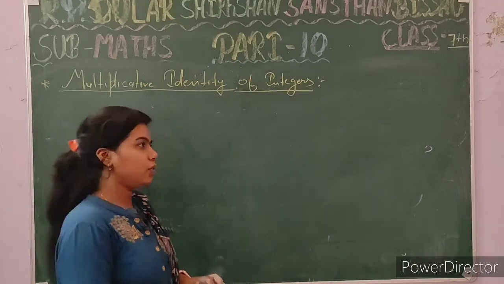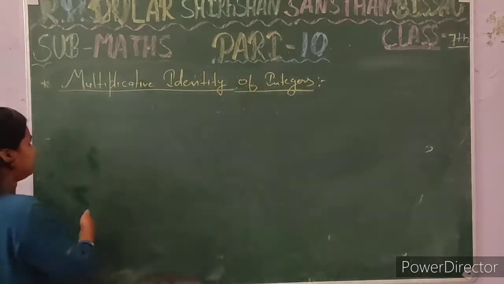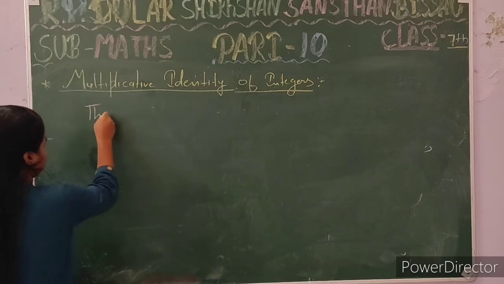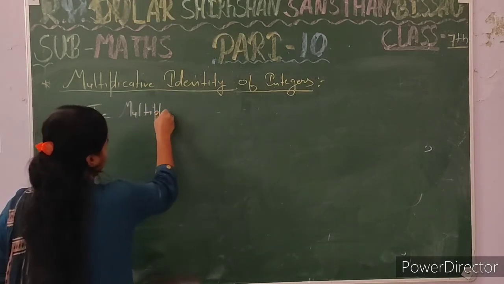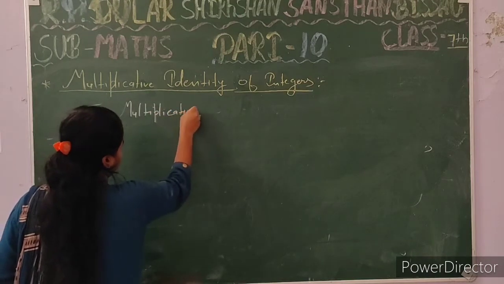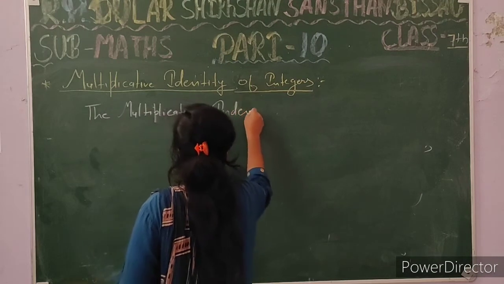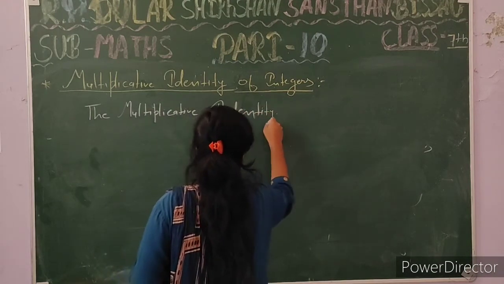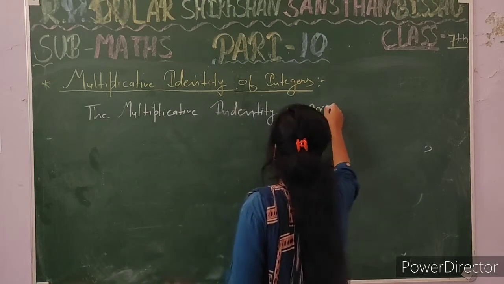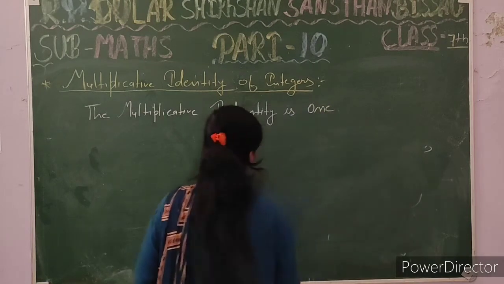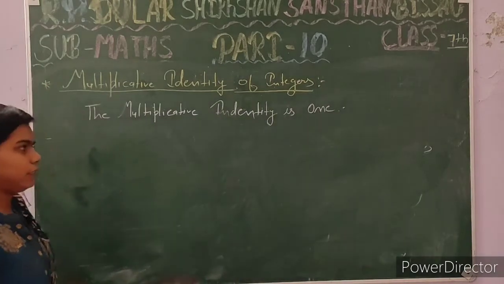First of all, I tell you what the multiplicative identity is. The multiplicative identity is 1.